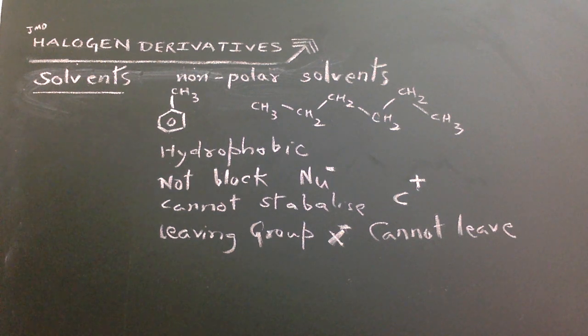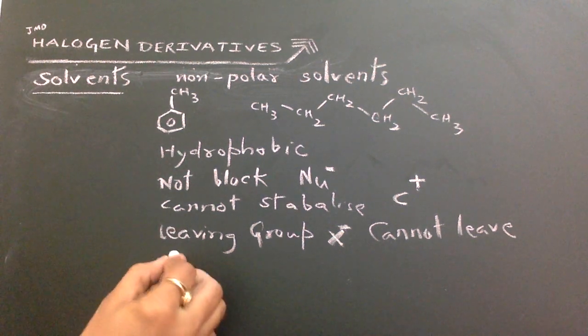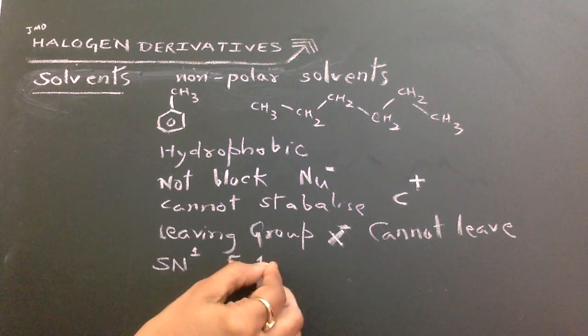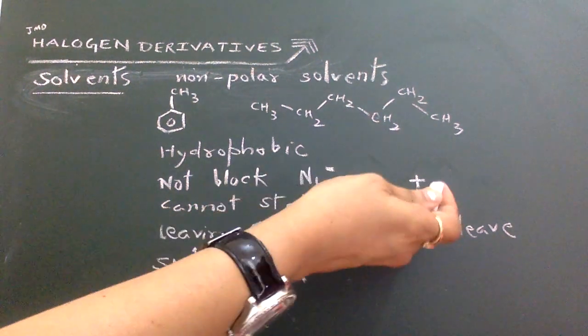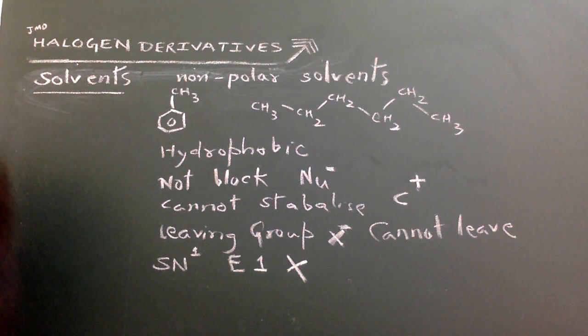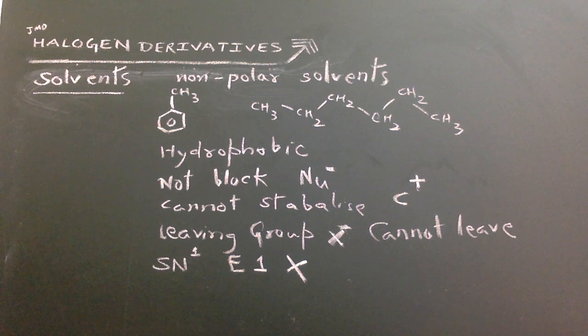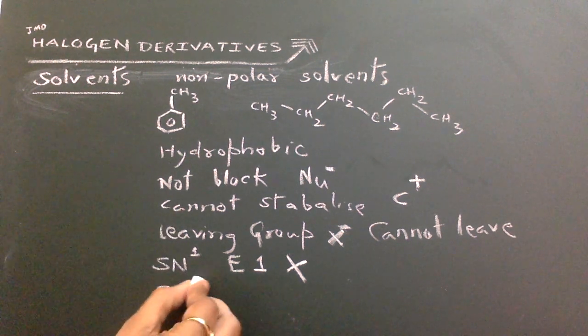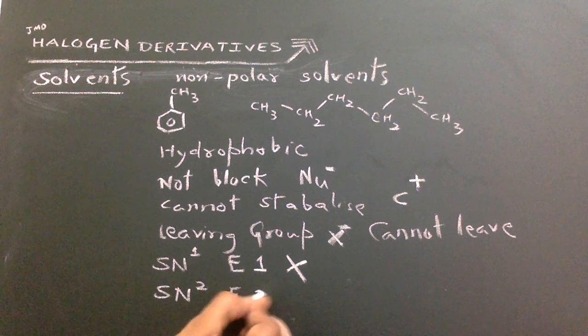Hence possibility of SN1 E1 बिल्कुल खत्म हो जाती है, क्योंकि कार्बोकेटायन ही नहीं बनेगा. And SN1 and E1 has carbocation intermediate. But as far as SN2 and E2 is considered, they will be favored. SN2 and E2 will be favored.